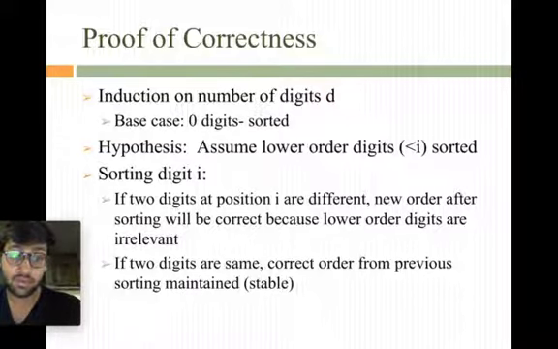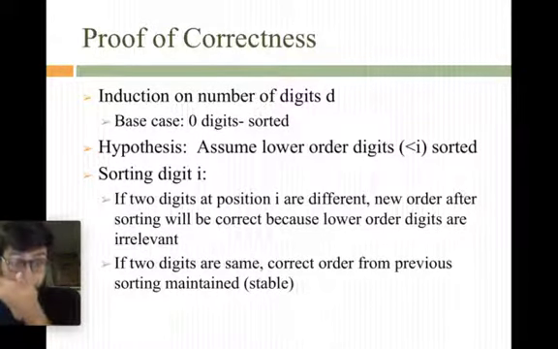However, if I compare 4 and 5, I see that 5 is bigger, and because the hundreds place is bigger, I don't actually need to look at the numbers after that, because they don't matter now. Now if two digits are the same, say I have 483 and 467, then we can say that the correct order from the previous sorting was maintained, and this is because it was a stable sort. Because bucket sort is a stable sort, this is maintained.